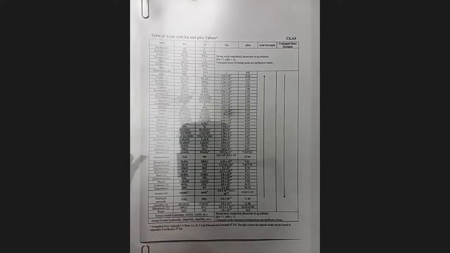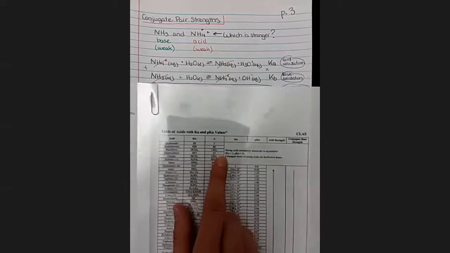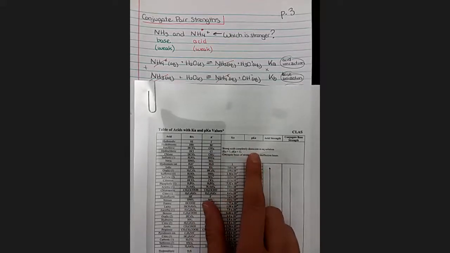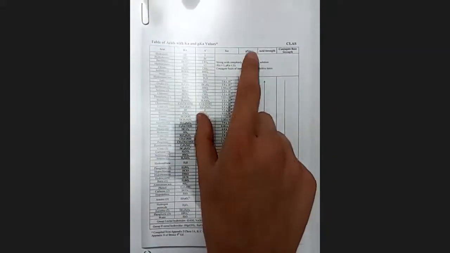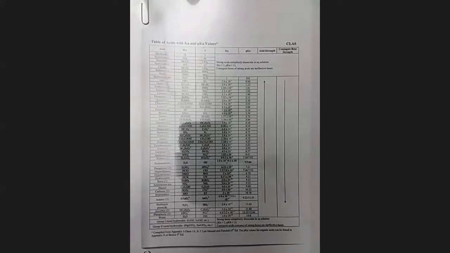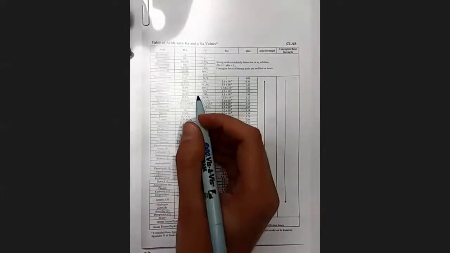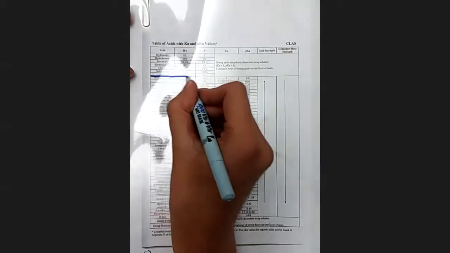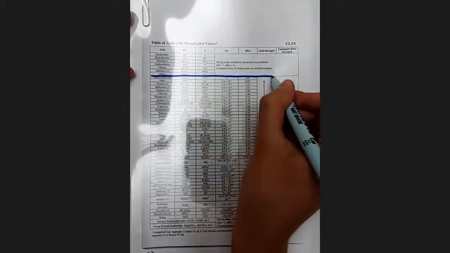It's probably so small that you can't read much of it, but you should at least be able to see we've got the names of the acids, the formula for the acid, the formula for its conjugate base, its Ka value, and its pKa. And so I'll just give you the short version since you probably can't see a lot of what's going on. You can just listen to my beautiful voice as I explain it.